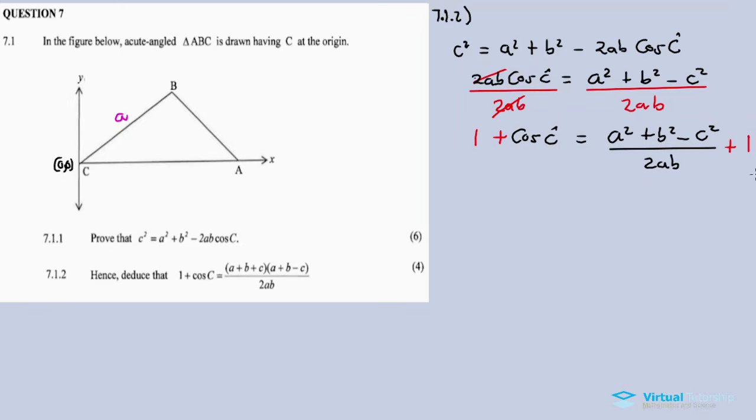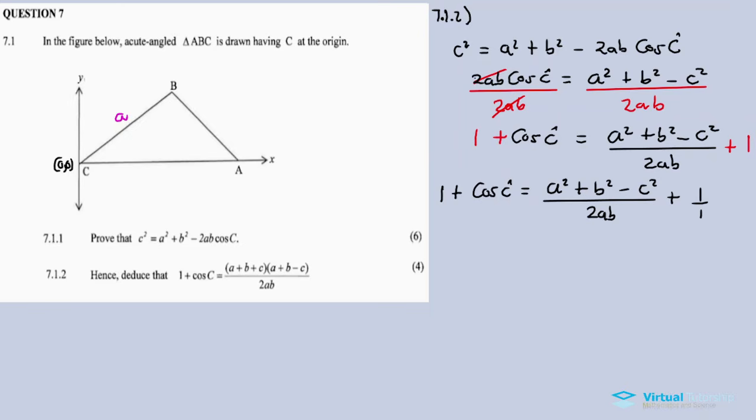Okay, on the right hand side I must do some simplification. What kind of simplification? I must simplify this fraction as well as this number, solving it into one fraction. Therefore this can be written as this, but this 1 I divide by what? By 1, since 1 divided by 1 is 1. I want to simplify this into one fraction, so I will use the butterfly method, where I say 2ab times 1 times this trinomial.